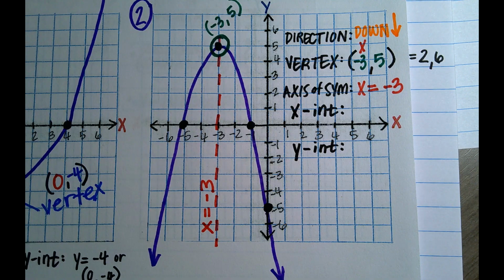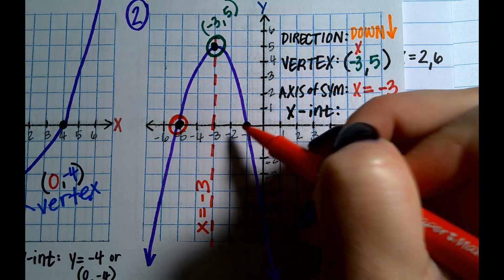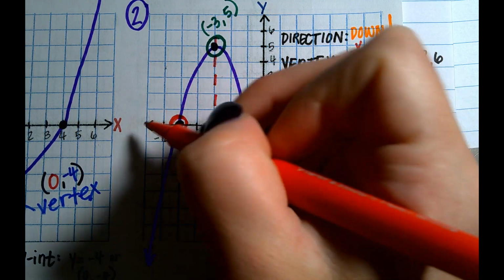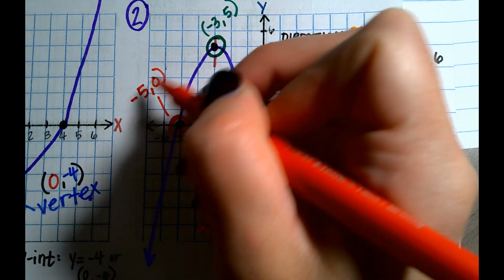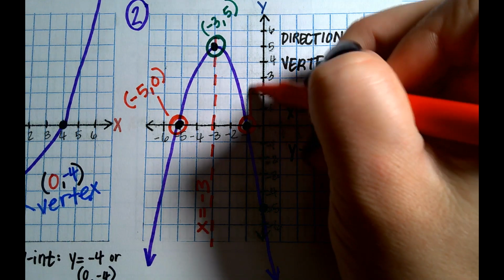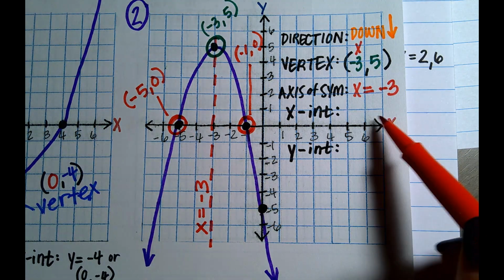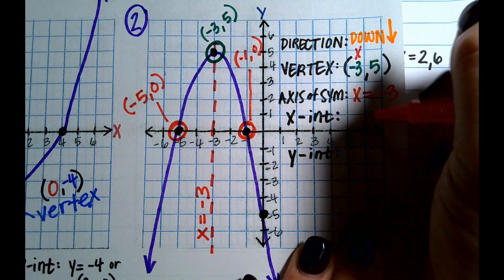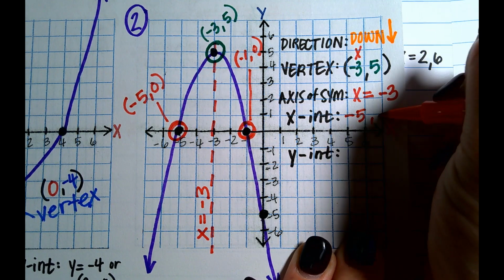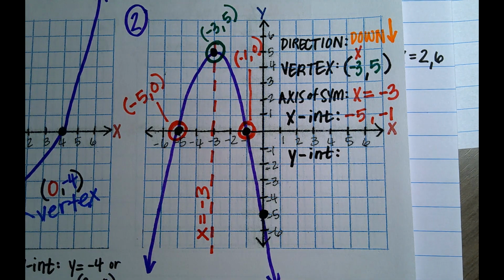Yes, that is the first coordinate. And would the second one be -1, 0? Yes, right here. So I'll label these -5, 0 and -1, 0. And over here for x-intercepts, I am completely fine if you just write -5, -1. Even if you don't put the x equals, just the numbers is fine.